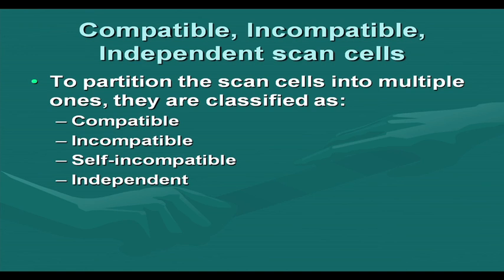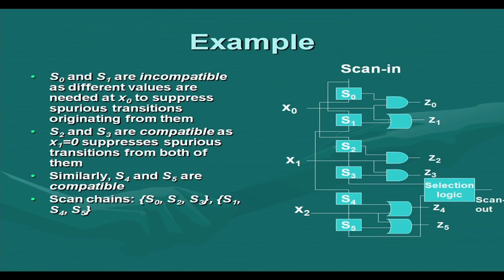Now, when we are doing this multiple scan chain formation, we need to partition the scan cells into multiple chains. For this, we first classify them into four classes: compatible, incompatible, self incompatible, and independent. S0 and S1 are said to be incompatible as different values are needed at X0 to suppress spurious transitions originating from them.